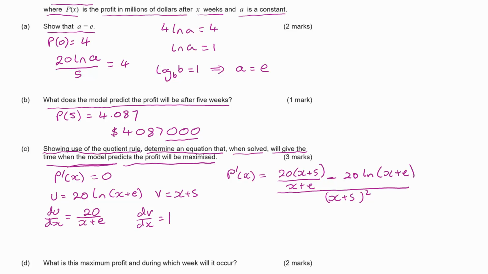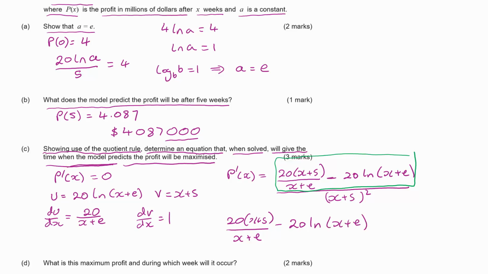Now for this to be 0, it has to be the numerator that is equal to 0. So we can simply say 20 times X plus 5 over X plus E, take away 20 log X plus E, is equal to 0.